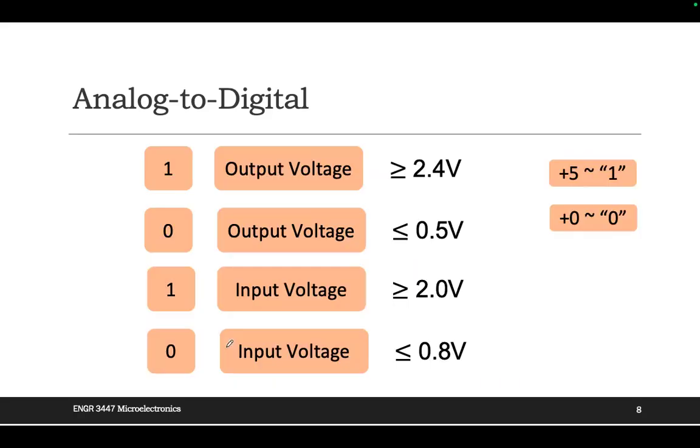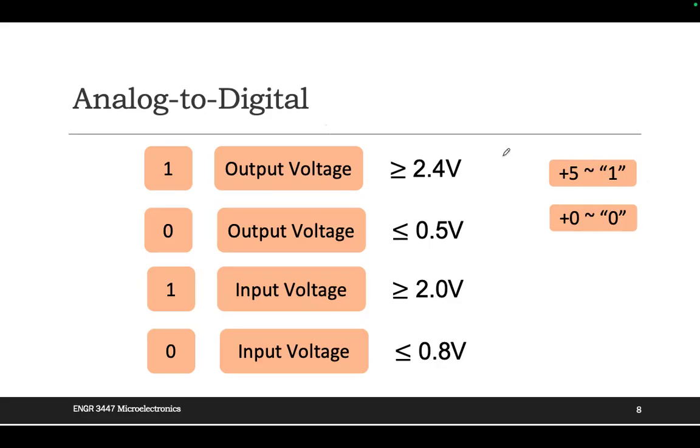And when we transfer analog to digital, there are some rules. For example, in the circuit the high voltage is 5. We just consider 5 as 1 and 0 as 0. Am I right? But in the real situation, your output voltage maybe is not 5.